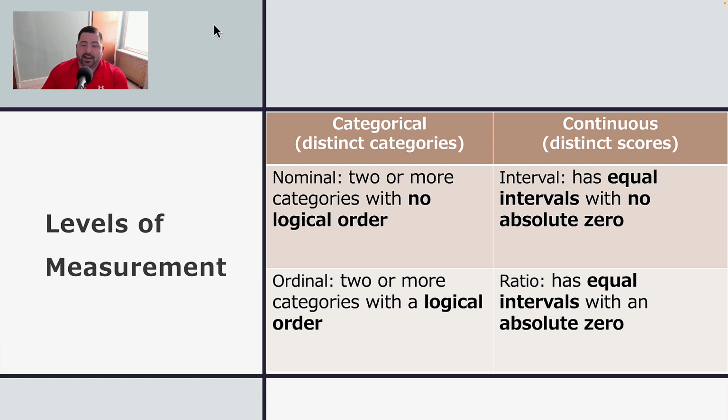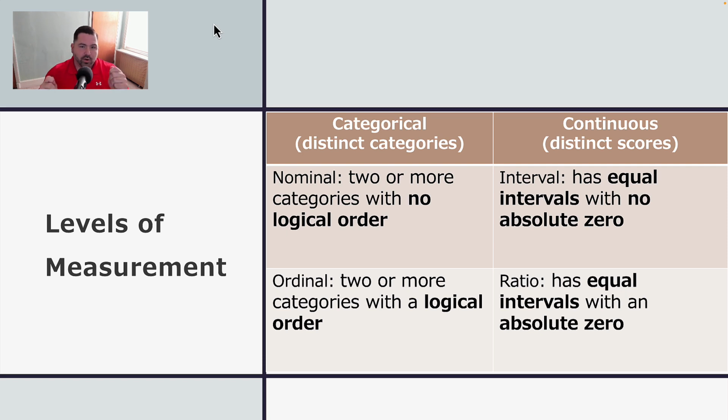And we said that a categorical variable can either be a discrete categorical variable or it can be a dichotomous categorical variable. Whereas in a continuous variable, it was a number that could be assigned different values that fell along the number line. So the first thing that we need to think about is: is this a categorical variable or is this a continuous variable? That's the first question you have to be able to answer.